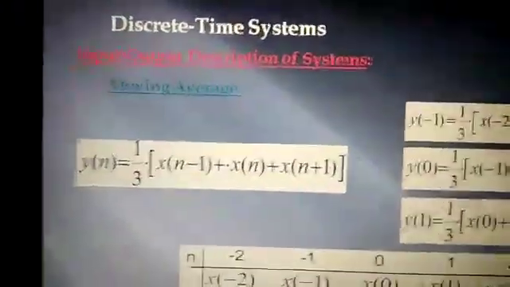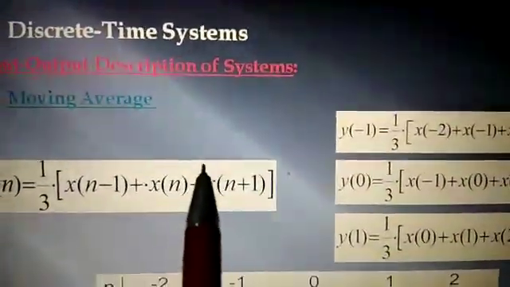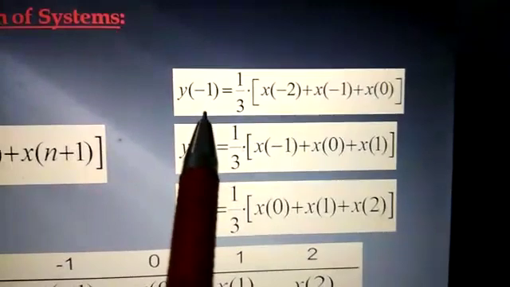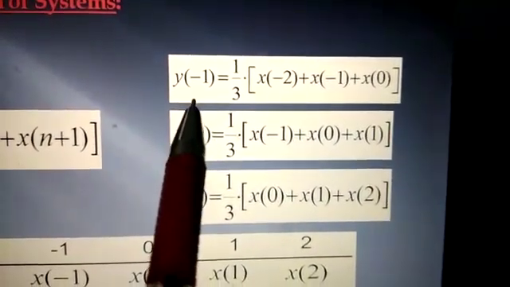Later on, moving on with the relations, we have the moving averages. Like y of minus 1, that is the output delayed by 1 sample.